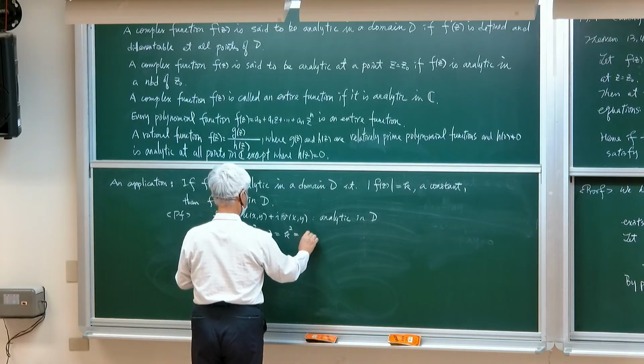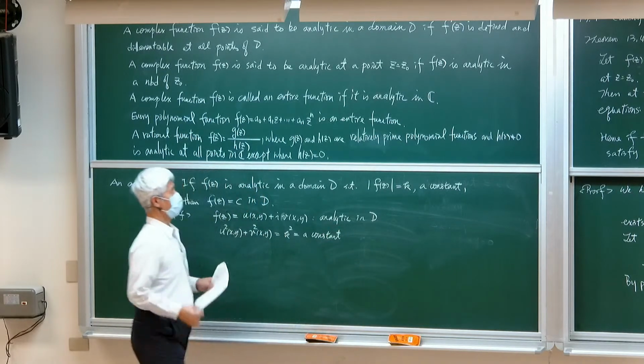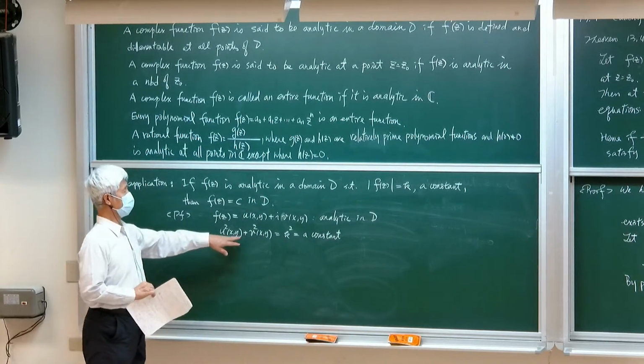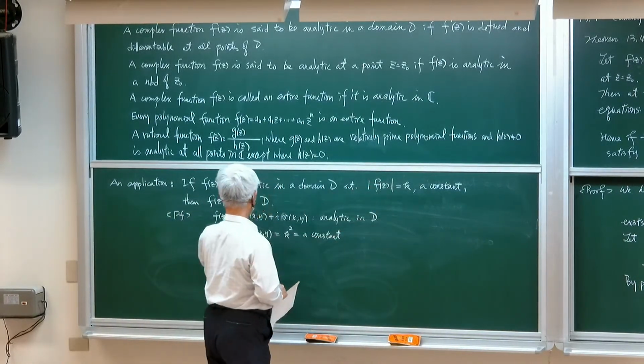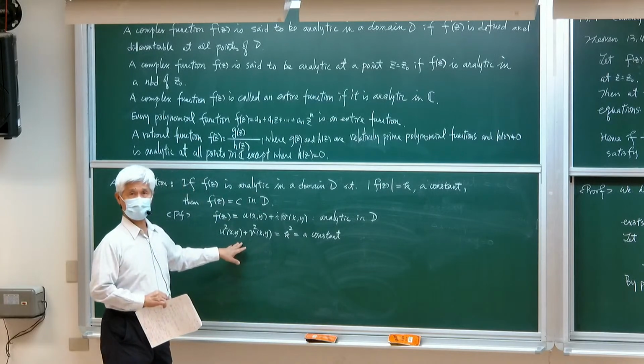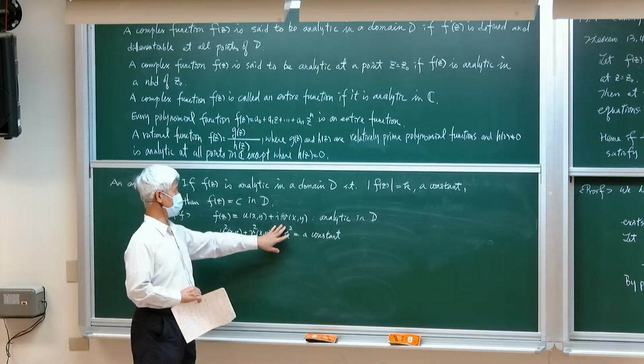It's a constant. So the square of the magnitude is just equal to this sum of squares, right?